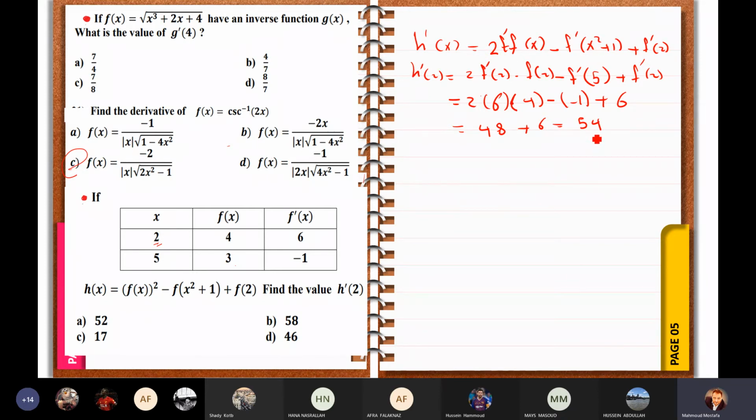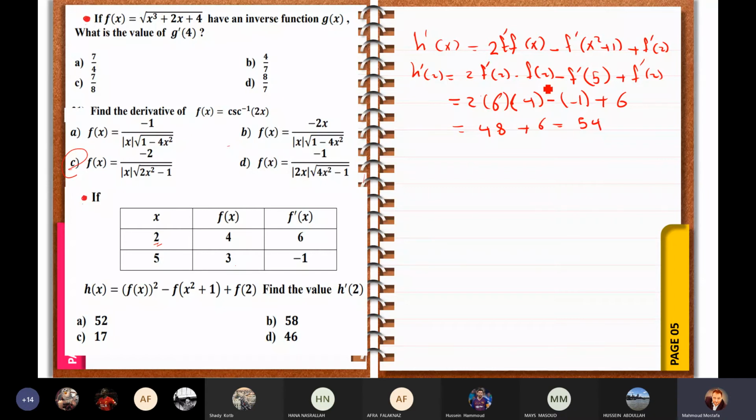We don't have 54 here. Okay. Six, f of 2.